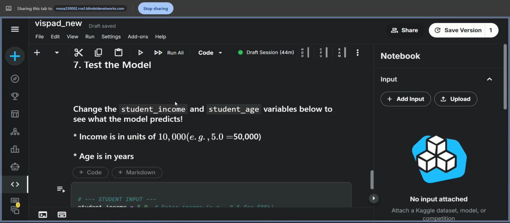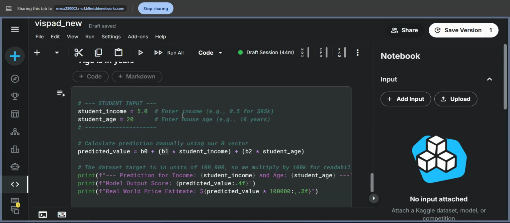Take note that the values that you see are in the unit of 10,000, right? So any value that we get for y, you have to multiply by 10,000 so that we can get the actual money value, right? Okay.